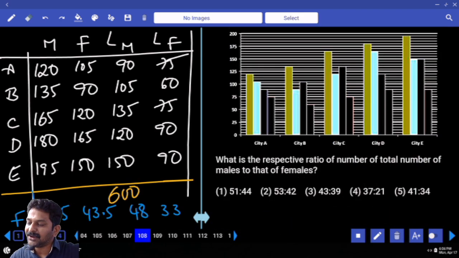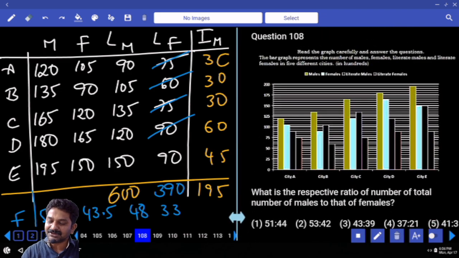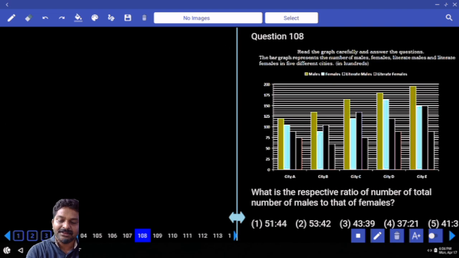What is the respective ratio of number of total male to that of total female? Already total male calculated, right? Total female 75, 60, 90, 150 plus one more 90, 390. For these two numbers we were asked to calculate the ratio, right? 600.